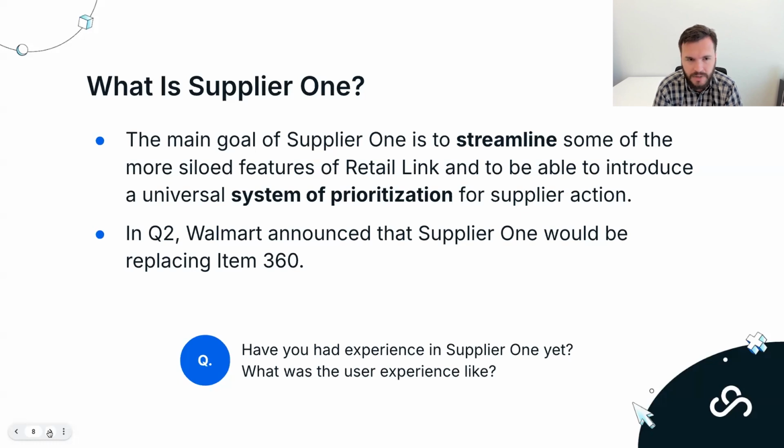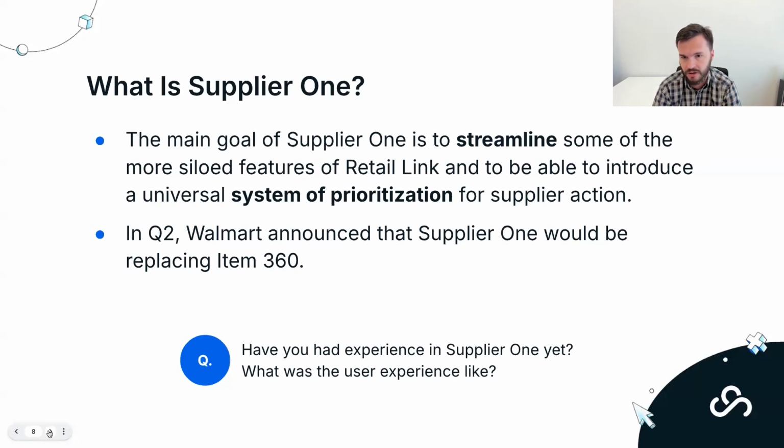But again, I already mentioned this a little bit. The idea of Supplier One really is to take these functionalities from Retail Link and streamline them into the same platform, the same location, so that suppliers can be aware of the things that Walmart wants them to prioritize. So this is what the dashboard in Supplier One is. That's a place maybe that you've never been.